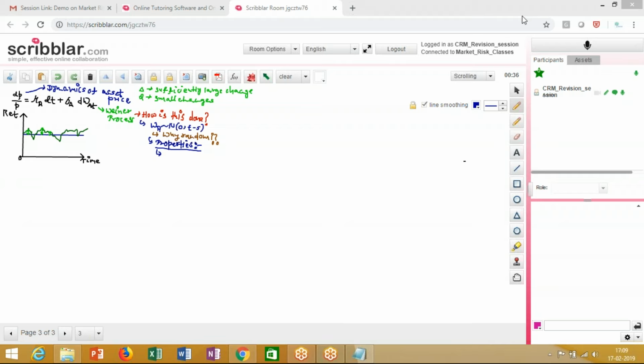Yeah. So over here, what we have is the first property that this process has, or the way this process is defined.